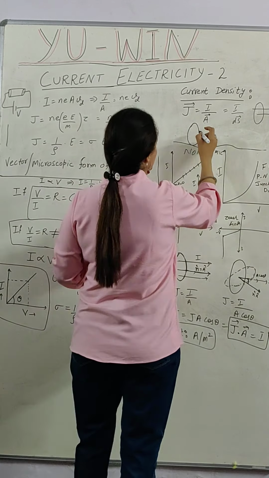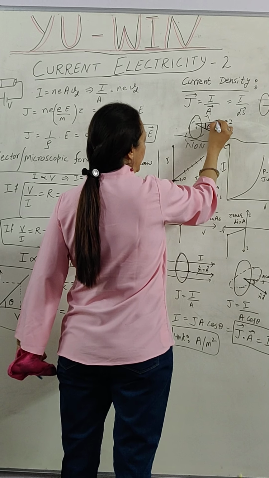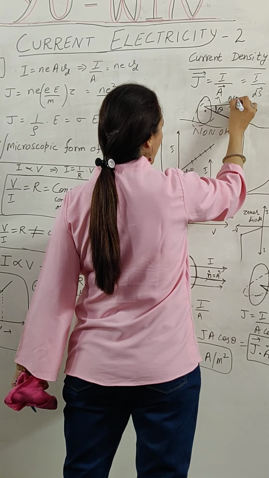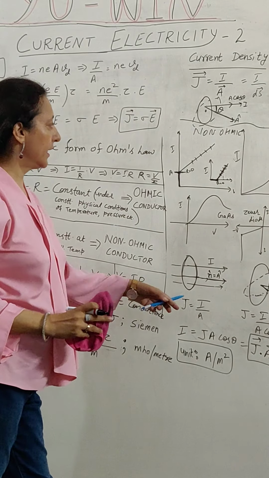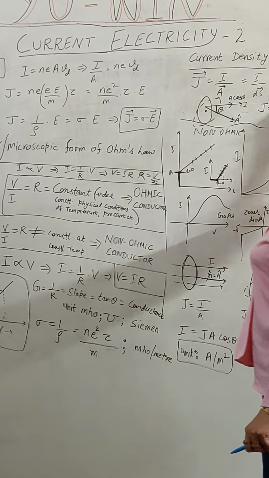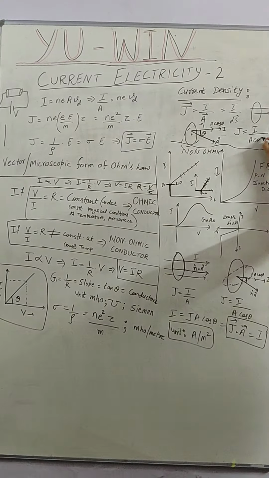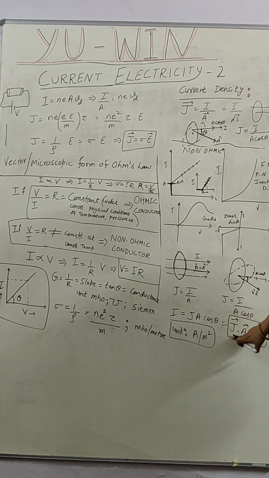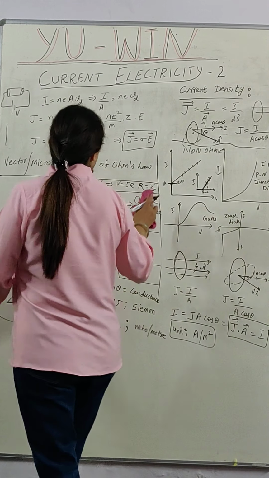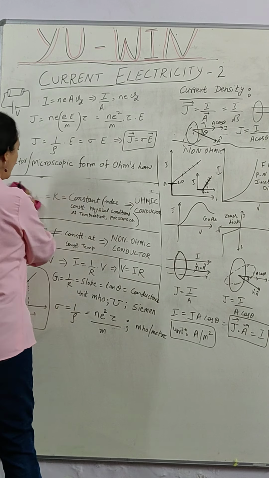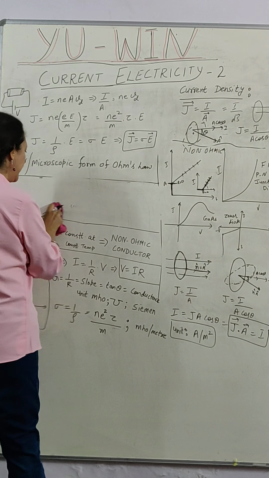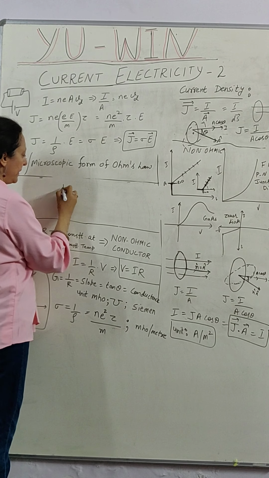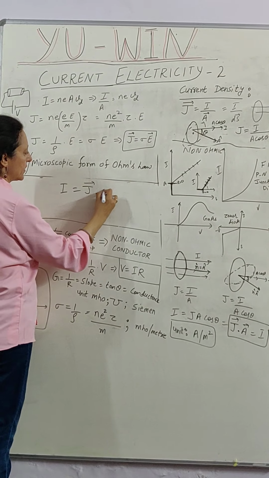Now if this is the area, this is the current, and this is the area vector A cap, then the component of A cap in the direction of I will be A cos theta, and in that case the current density will be equal to I by A cos theta, and I can write I is equal to J A cos theta, or I will be equal to J dot A. So I can also say that current is the scalar product of two vectors J and A. So current, being a scalar quantity, has to be the scalar product of two vectors, which is J dot A.